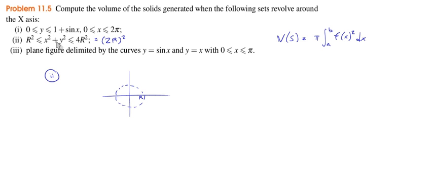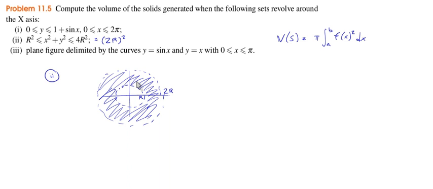And x squared plus y squared equals (2r) squared is the circumference centered at 0 with radius 2r, right? So what we're revolving around the x-axis is this kind of donut. So what's the volume of this?